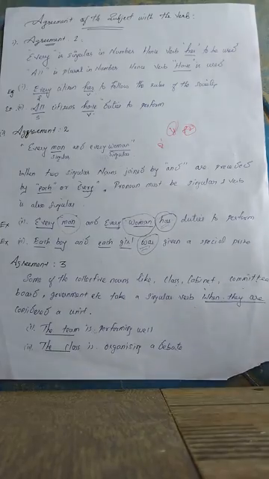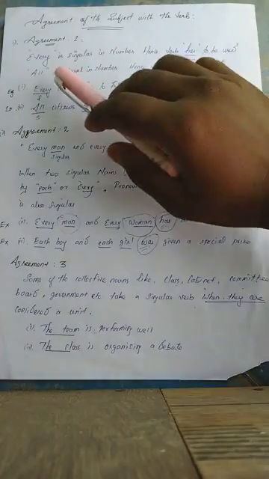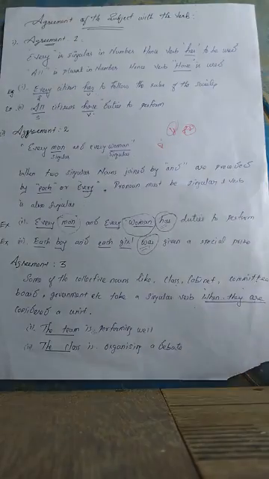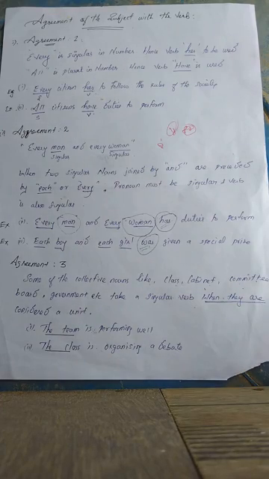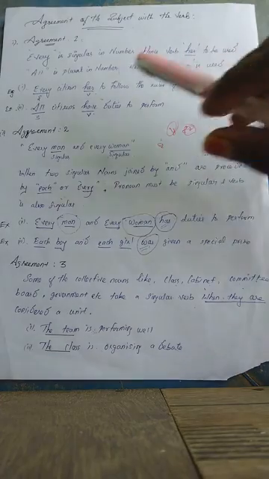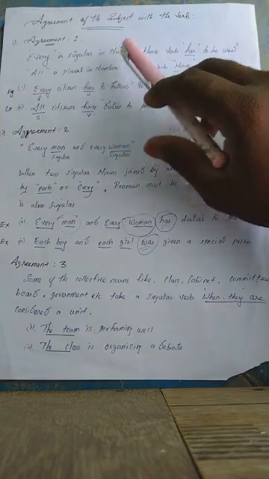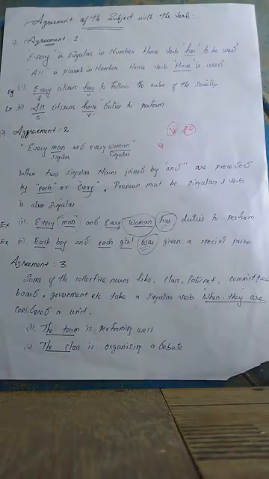So listen carefully. Every is singular in number. First of all, you should know that every, each, these things are singular in number. So do not think that every is plural. No. Every is singular in number, hence a singular verb has to be used.